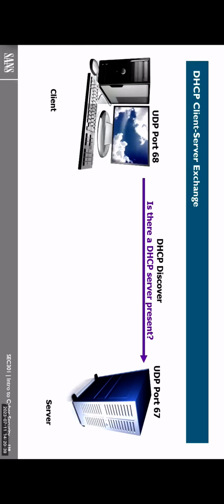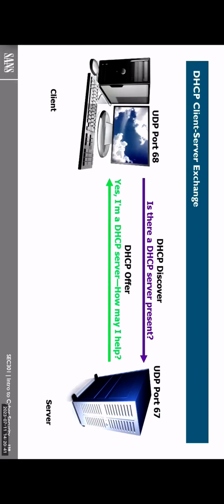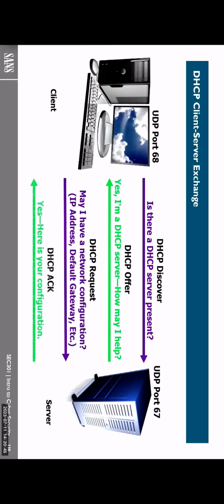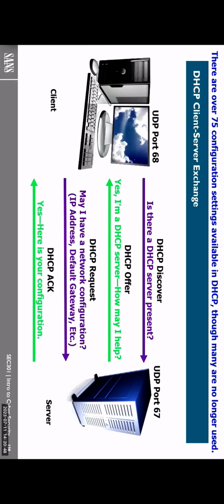If there is, the server responds, yeah, I am. How can I help you? And your computer asks for its settings, and then that server gives you a lease on that configuration. DHCP has many different configuration settings, but most of them are no longer used. Mostly DHCP is just for handing out an IP address, subnet mask, default gateway, and possibly a DNS server.